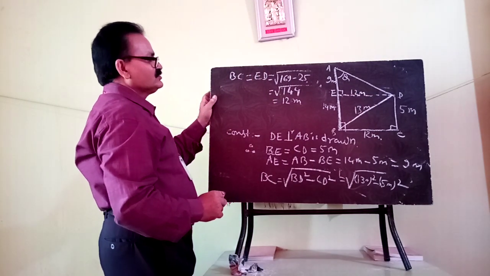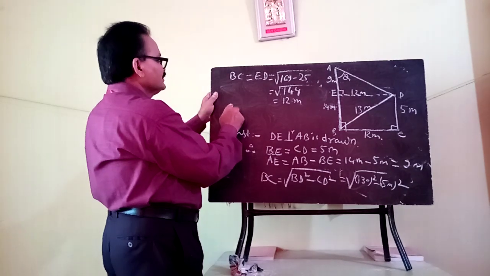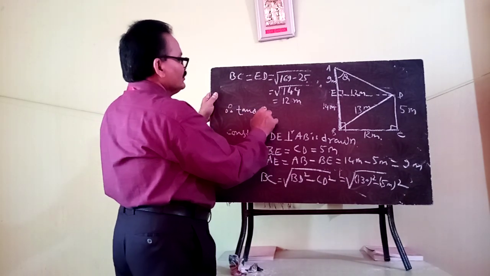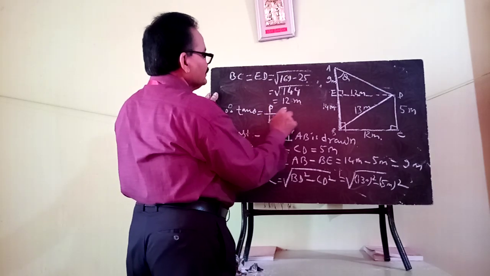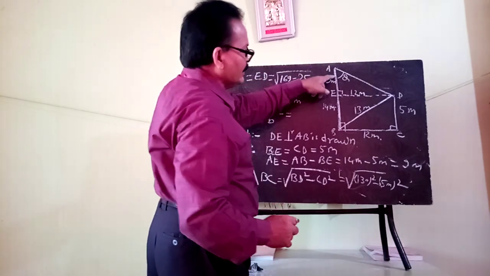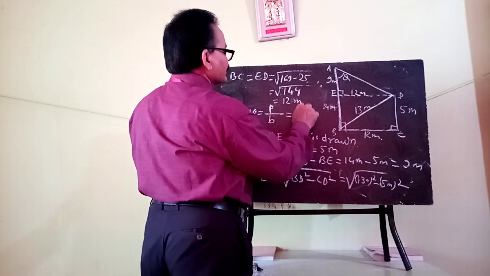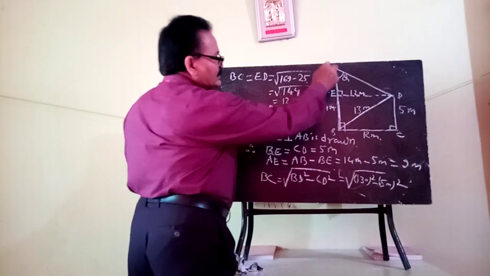Okay. So for tan theta, you have to find P by B. For angle theta, P is ED and B is AE.